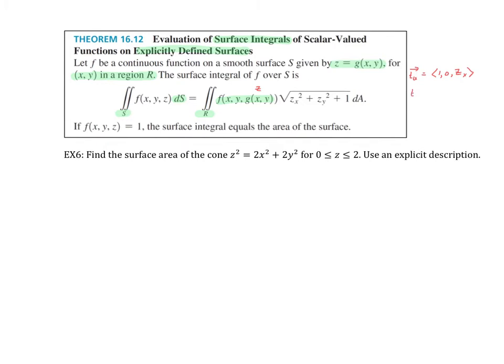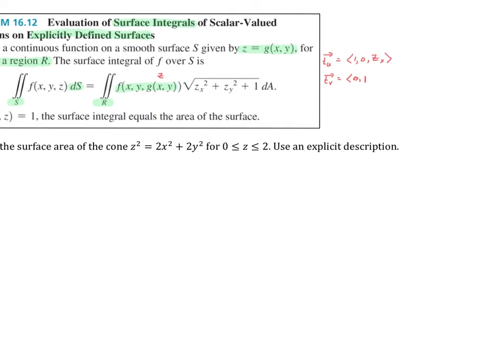And then for the other tangent vector, since we're not writing our equation in terms of a vector valued function of u and v, I am translating this back to x, y, and z. It would be a 0, 1, because we're going along the y-axis this time. And then we're taking the partial derivative of z with respect to y because we're trying to find the rate of change of our z function.